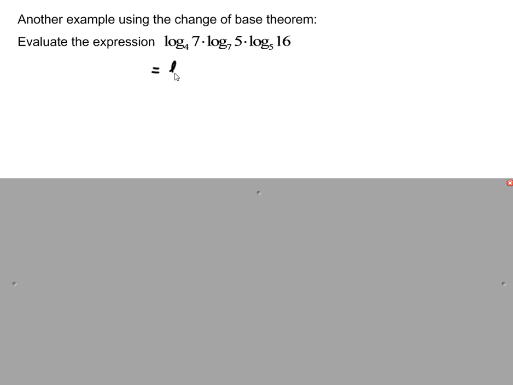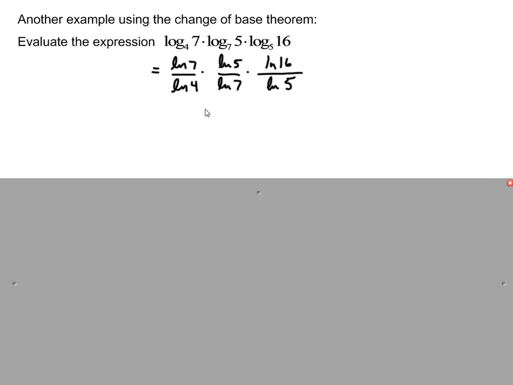So what do I have? I have the logarithm base 4 of 7. So if I want to change that into a different base, say our natural logarithm, I could rewrite it by the change of base theorem as the natural log of 7 divided by the natural log of 4. And same thing with each of our expressions. So I could take the natural log of 5 and divide it by the natural log of 7, and take the natural log of 16 and divide it by the natural log of 5.